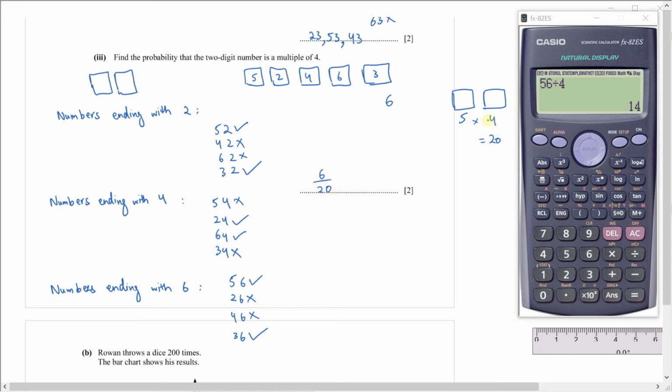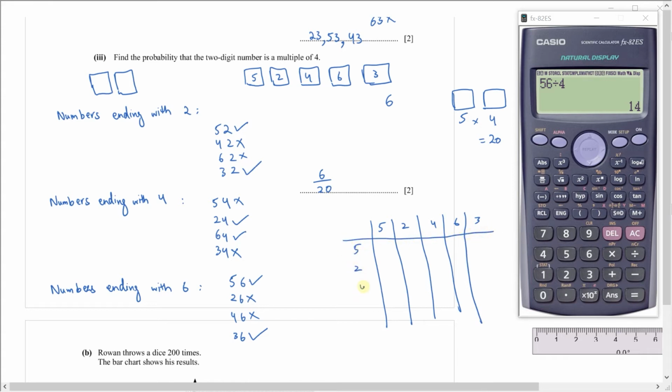So if you can't figure out the total possible combinations of these two-digit numbers, you can also draw the table to list out all the possible outcomes. So you have 5, 2, 4, 6, 3 here. And then similarly 5, 2, 4, 6, 3. So you cannot pick the same number twice because you only have one card. So this will be empty here. This is 52, 54, 56, 53, 25, and then this is not possible.